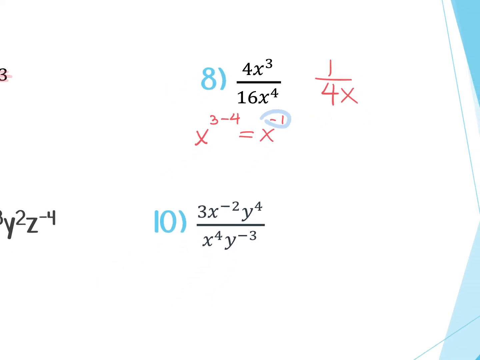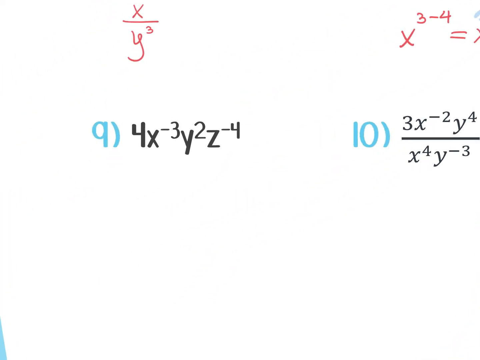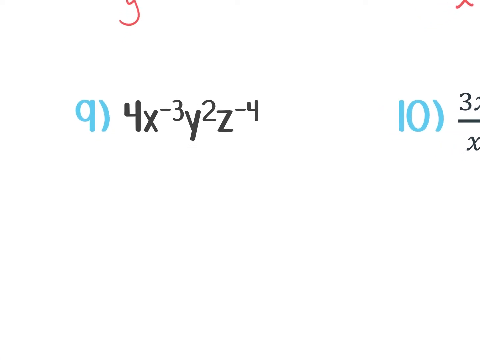The next one. All we're going to do here is rearrange the variables that have the negative exponents. So let's go ahead and move this one and this one to the denominator. The 4 and the y squared, they're staying in the numerator.